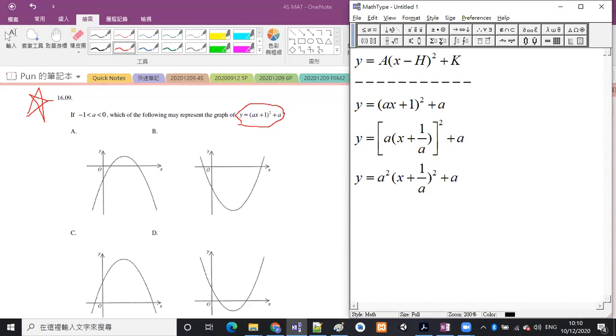OK，好啦，跟住佢就問你以下邊一個會係可以代表到呢個 graph 咁樣。好啦，咁我哋睇睇咯。而家我哋有呢個啦，係咪？咁我哋 compare with 嗰個 AHK form 嘅話，this one is already the AHK form.